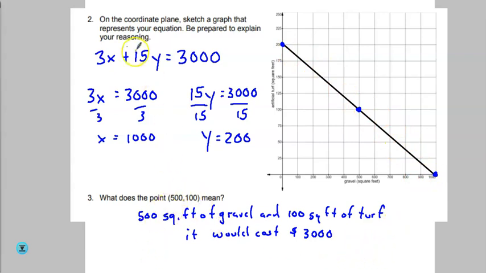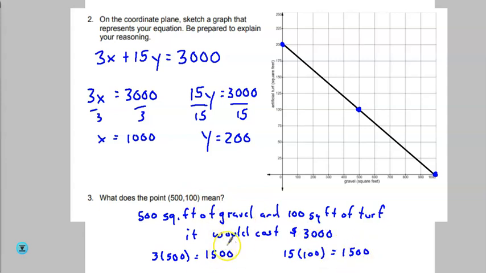And you can check that with your equation. If I did 3 times 500, which is $3 for every square foot of gravel, she would spend $1,500 on gravel. If you did $15 times the 100, that's also $1,500.